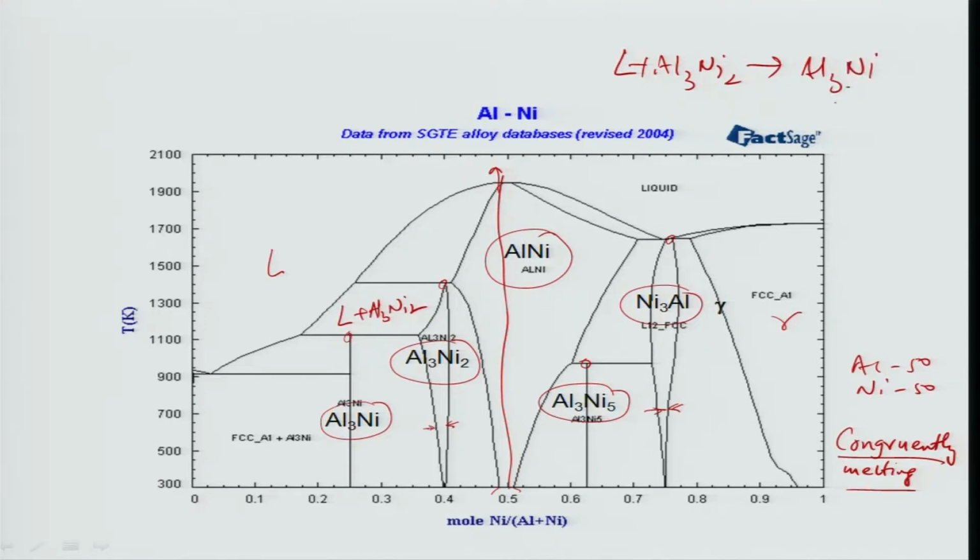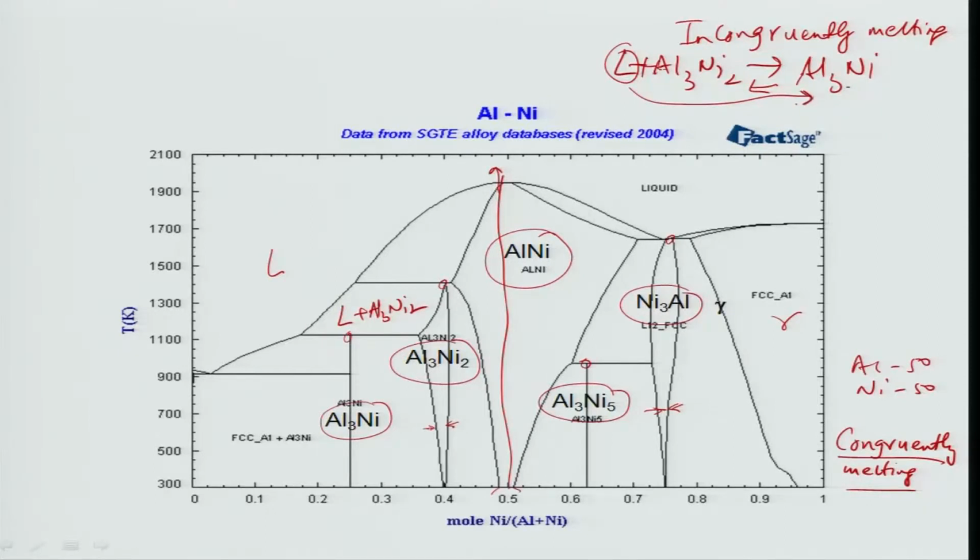Now if I heat this Al3Ni, that is the reverse reaction, what will happen? This solid will form another solid of different composition, Al3Ni2, and the liquid. Therefore the liquid will never have the same composition as the solid, and these are called incongruently melting compounds.